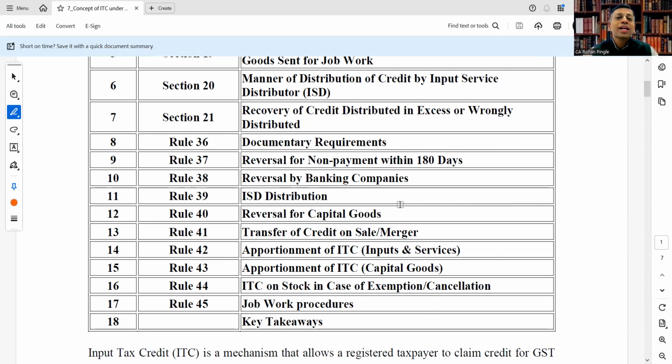Rule 41, transfer of credit on sale or merger. Rule 42, apportionment of ITC, that is inputs and services. Rule 43, apportionment of ITC on capital goods. Rule 44, ITC on stock in case of exemption, cancellation. Rule 45, job work procedures.